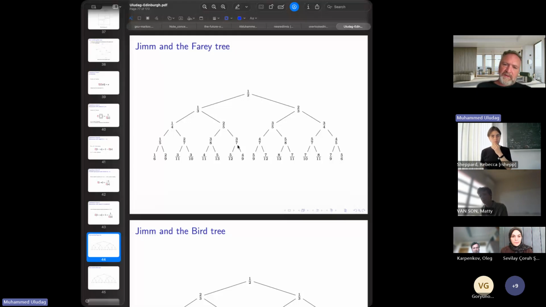So the Jimm exchanges those patterns, straight paths with zigzag paths and zigzag paths with straight paths, which means that it replaces a sequence of ones with one block, one partial quotient n, and a partial quotient, say 7, by a sequence of ones.